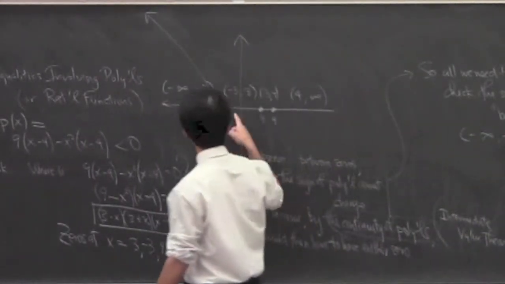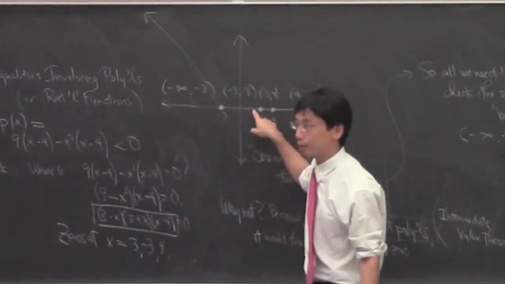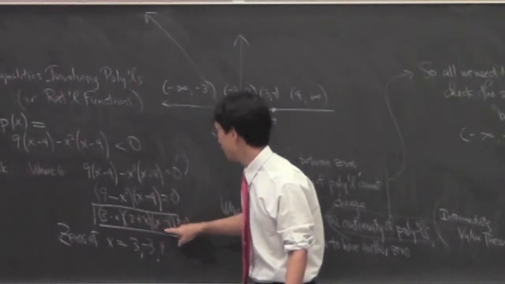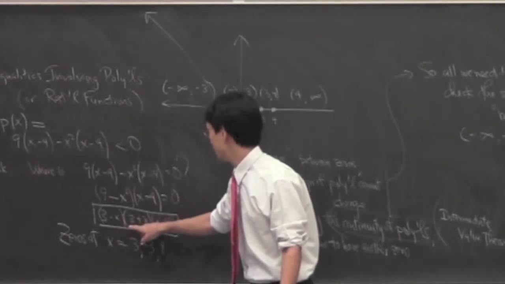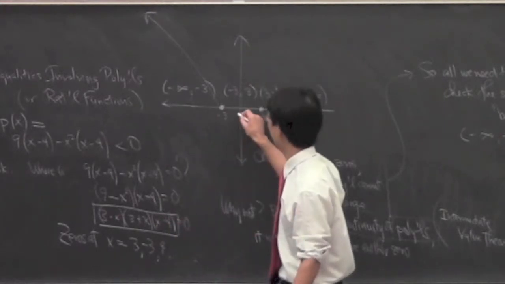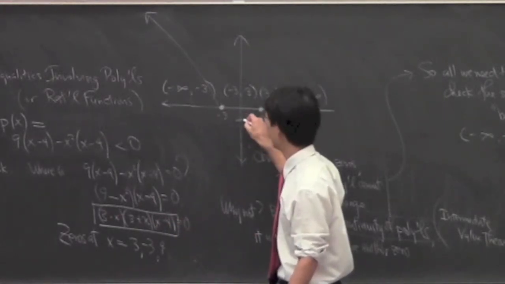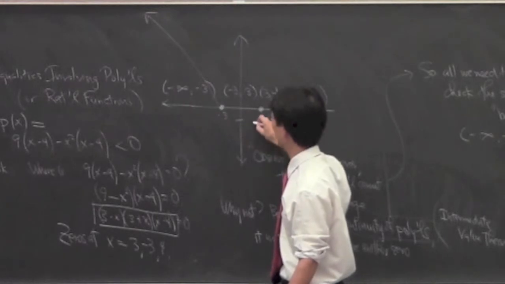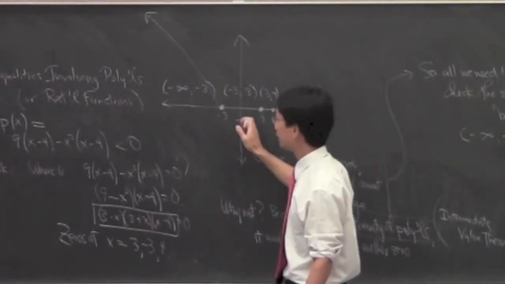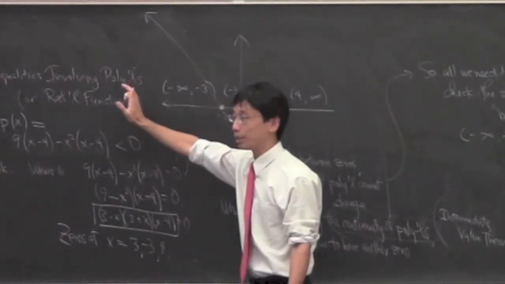The easiest point is probably, let's take 0. We plug it in here, and we get 3 times negative 4. Well, that's negative. So at 0, we know it's negative, and so we know all the way here it's negative.